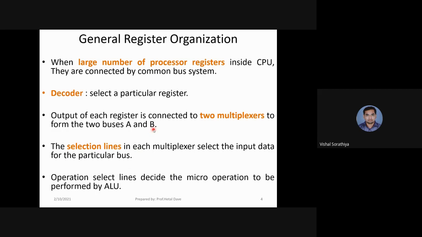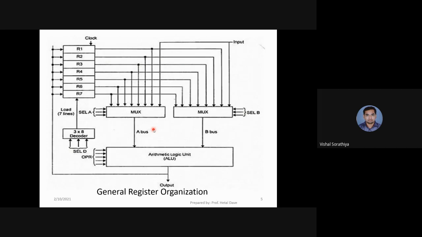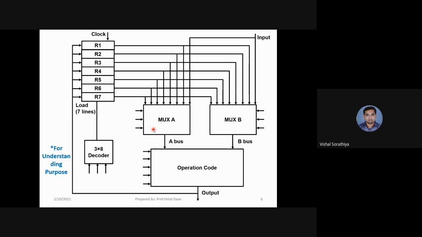This is just a glimpse of what the organization actually is, how you select the multiple lines, and how the data is fetched from one particular location and so on. So this is for understanding purposes.